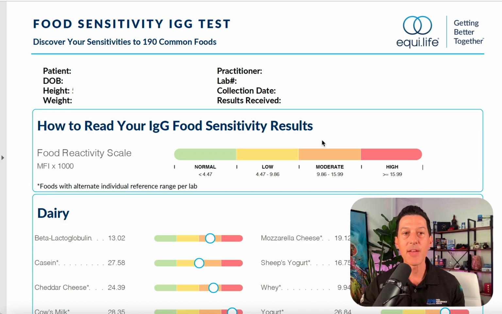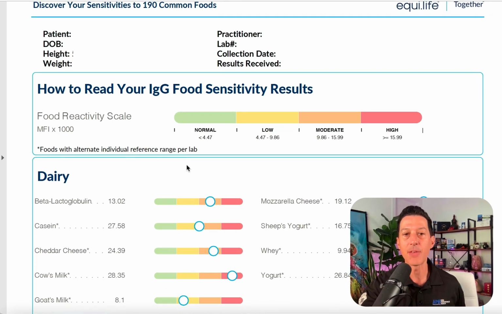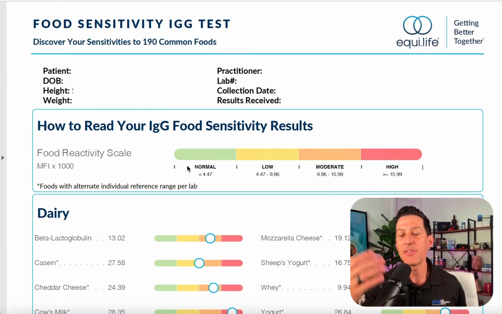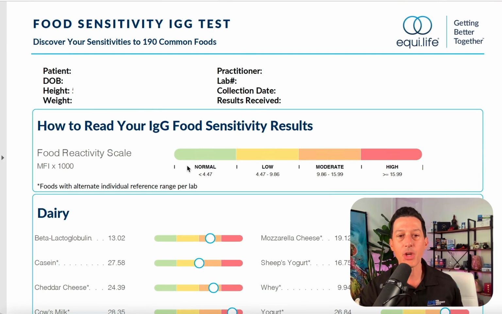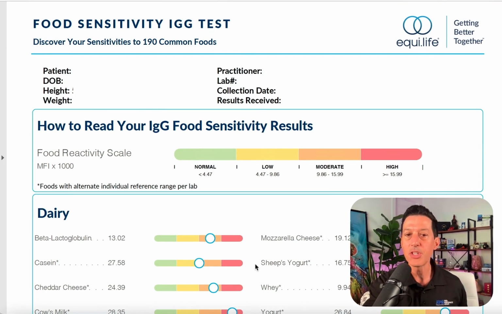So first things first, we have a food sensitivity test in front of you. This is going to test for 190 plus common foods. They're all typically healthy foods that people can have a reactivity to. So when you read your own lab results, if you choose to, and if you work with Equalife, you're given a health coaching call if you'd like to go through them, but these are fairly straightforward.